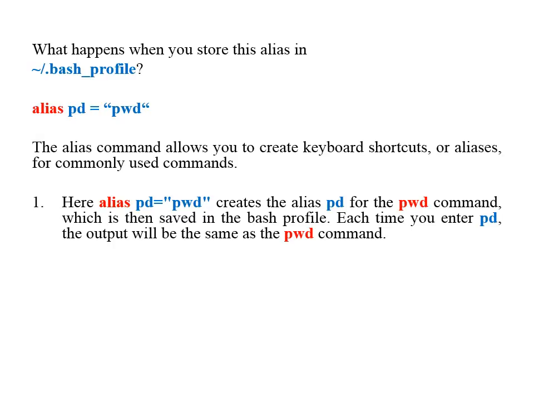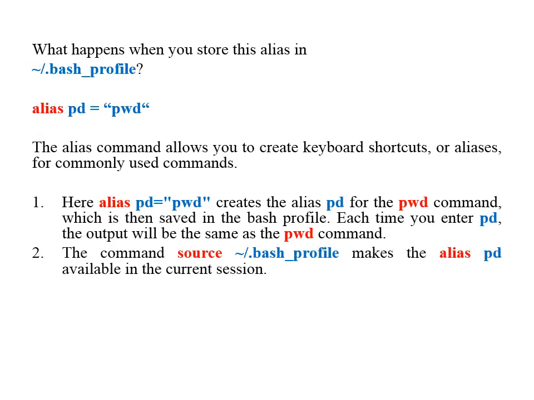Each time you enter pd, the output will be the same as the pwd command. The command source space ~/.bash_profile makes the alias pd available in the current session. Each time we open up the terminal, we can use the pd alias.